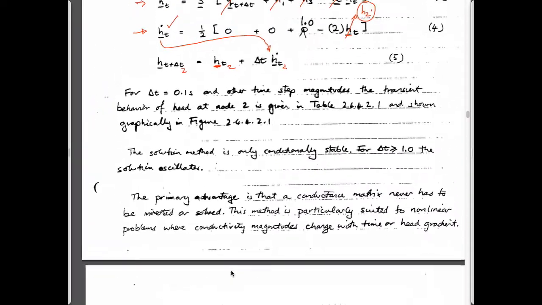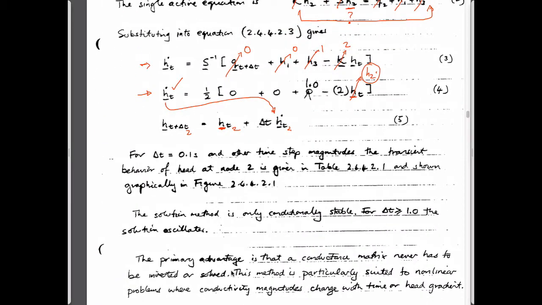Why don't we do it? I think that would be the first value, right? So if we use a time step of 0.1, what do we end up with? We start off with this value of H2, let's say H2 is equal to 1. So if H2 is equal to 1, we have minus 2 times a half. Then this gives us a value of the rate of change of head at node 2, which is 2 times 1, which is 2, minus, negative, divided by 2, which is 1.